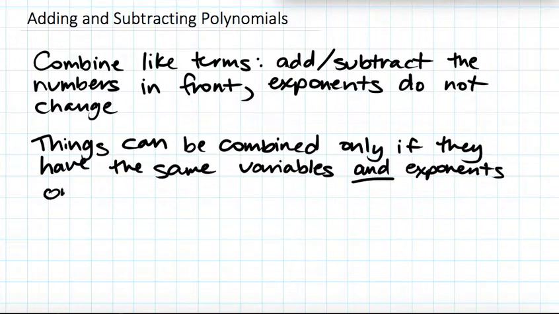Which is why it's called combining like terms, because only like terms with the same variables and exponents can be combined. If they're not like terms, then we can't add or subtract them.